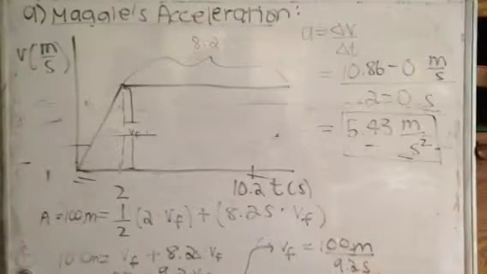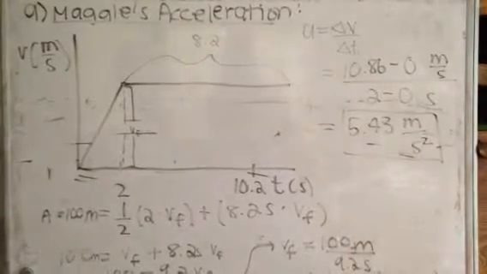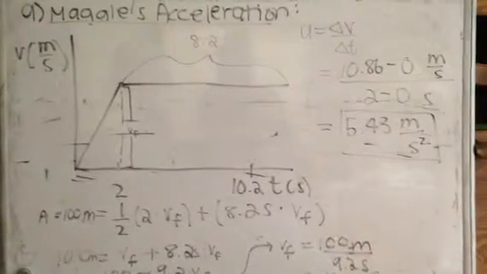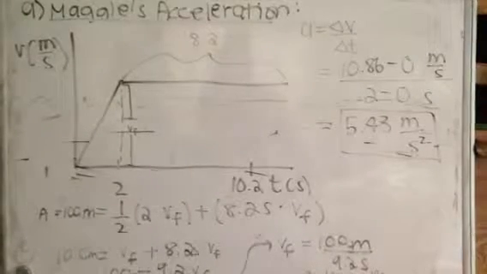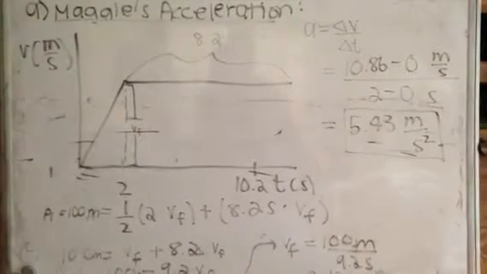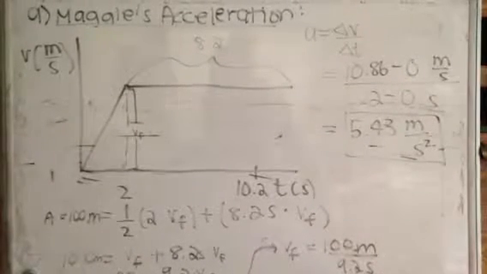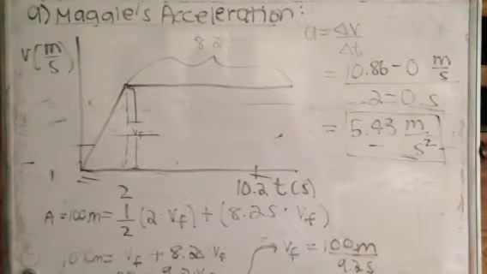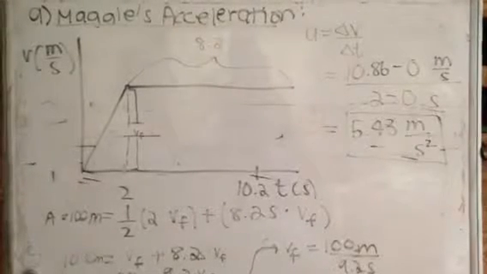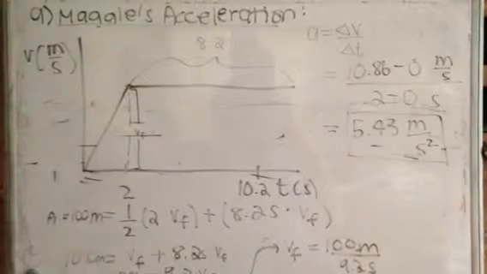The area under the curve we know is 100 meters because the velocity integrated gives you the distance traveled. I called the height of that triangle on my graph the final velocity, because that is the final velocity after Maggie accelerated.